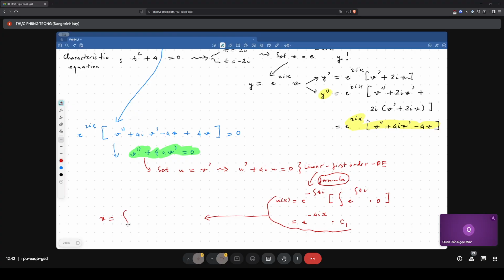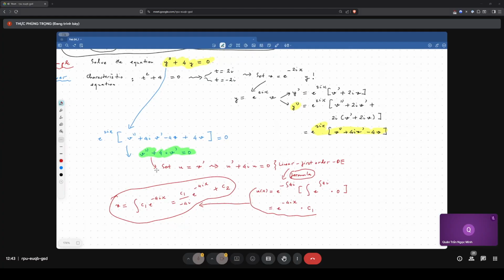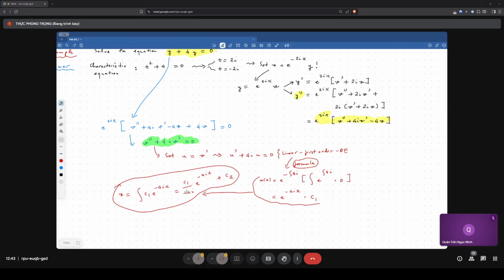So v is just c1 times e to the power minus 4is over minus 4i plus some c2, is that right? I think now we get y.